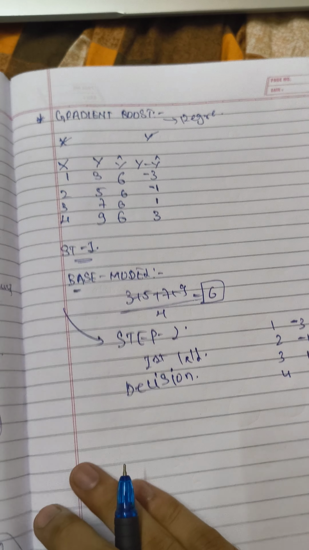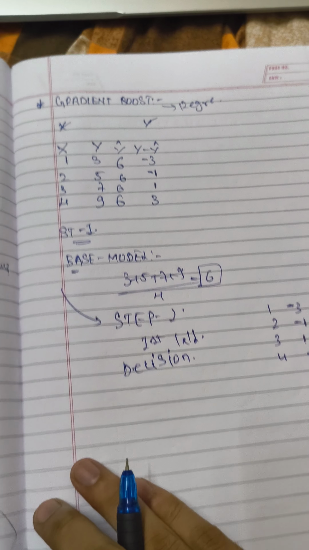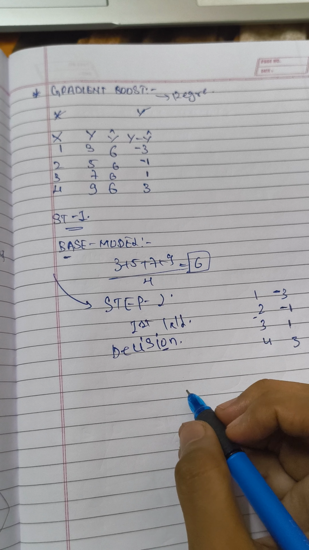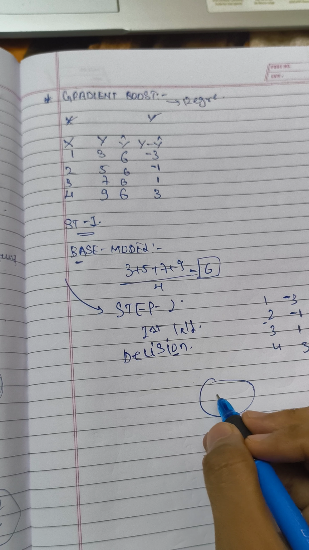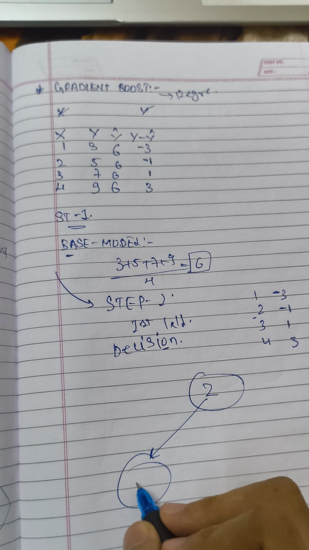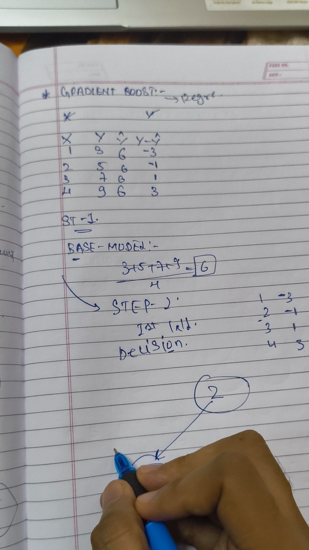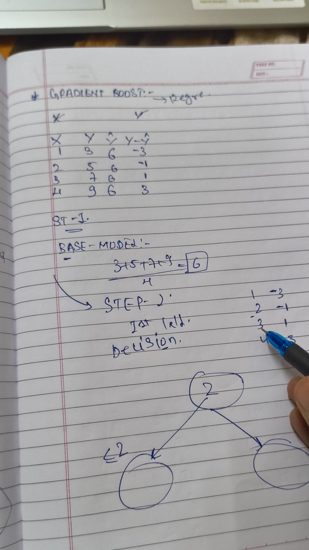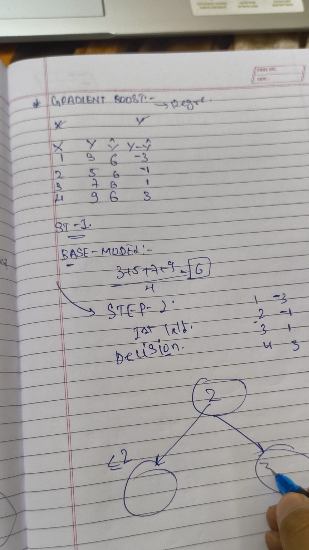So my model, that is the decision tree, takes a threshold value and splits the data. Suppose I take 2, for example. Here I will take the values which are less than or equal to 2, and here I will take the data points which are greater than 2. Greater than 2 I have 3 and 4.